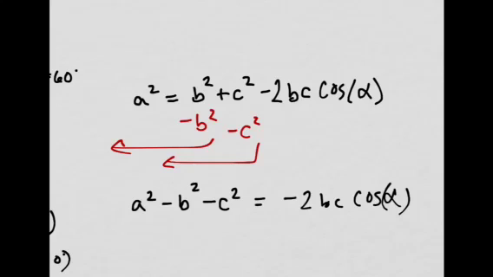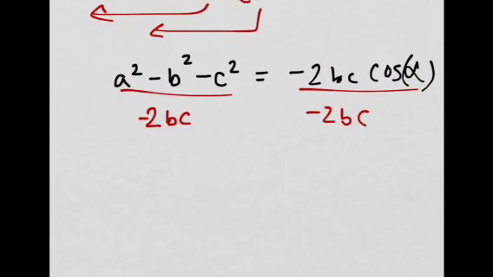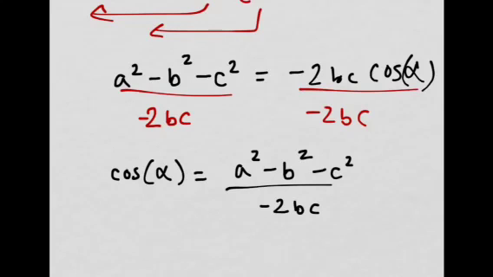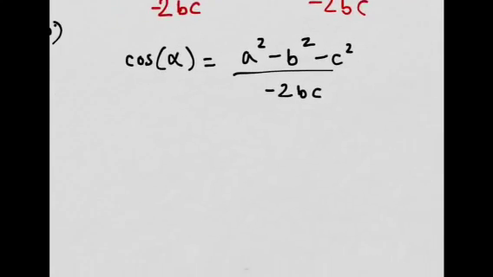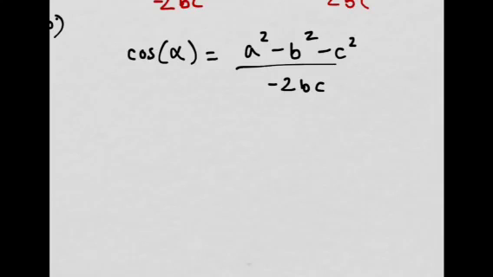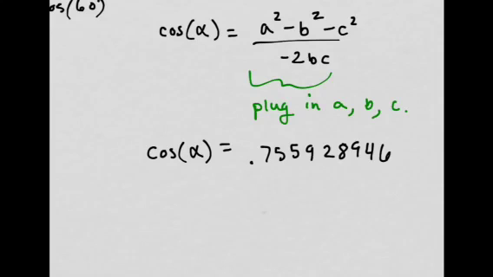Well, then I can divide by negative 2bc, right? So then what I have is cosine of alpha equals a squared minus b squared minus c squared all over negative 2bc. Now I can plug in a, b, and c. So if I plug in a, b, and c, and I put it in a calculator, I get this, and then I use inverse cosine.